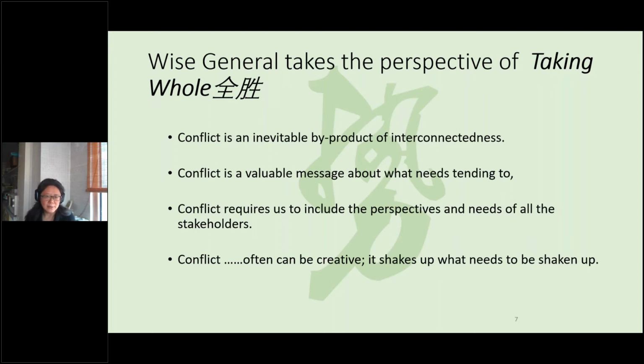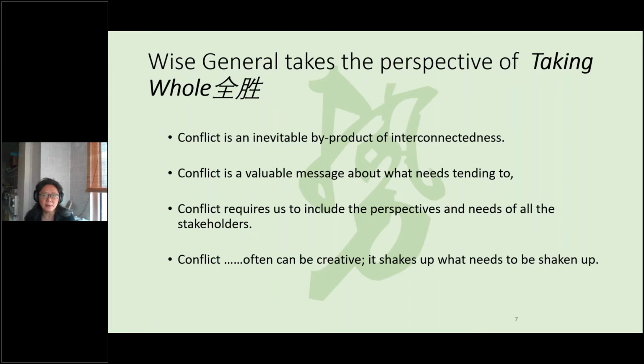Tina's story also tells us that conflict, because it is a product of interconnectedness, can often be creative, and in being creative, it helps shake up what needs to be shaken up.